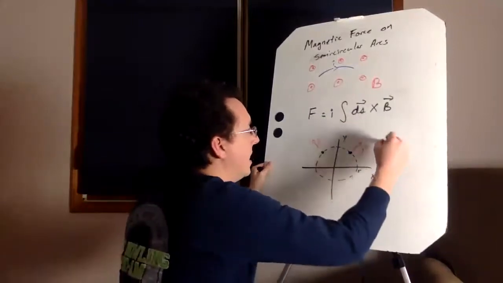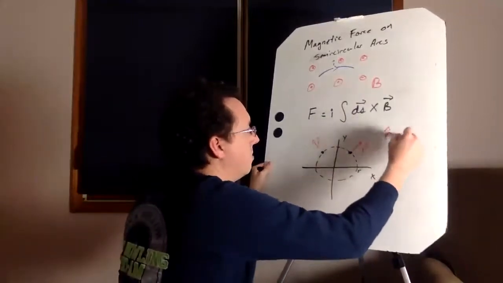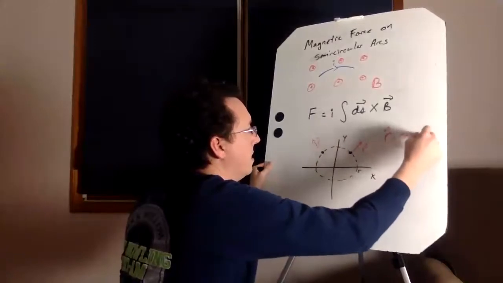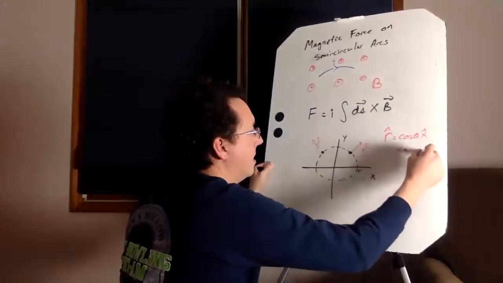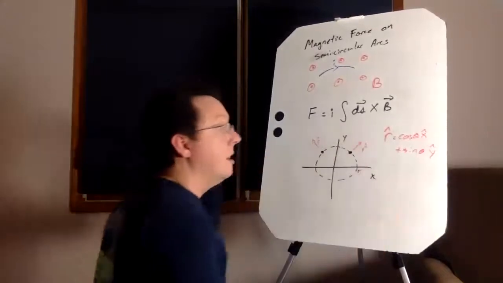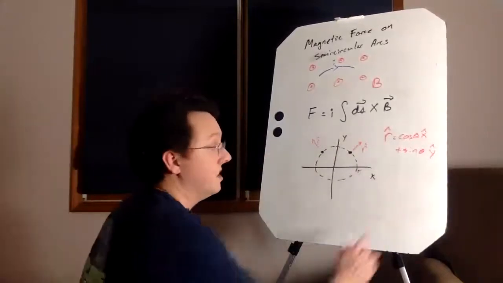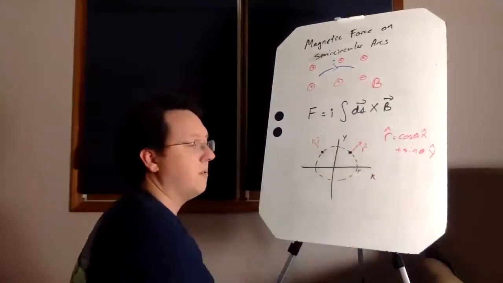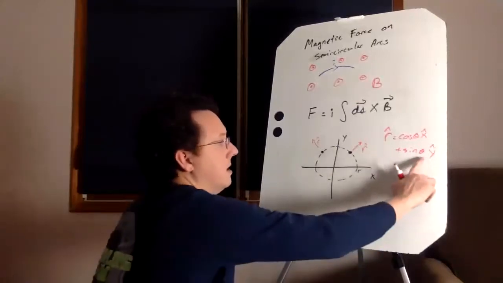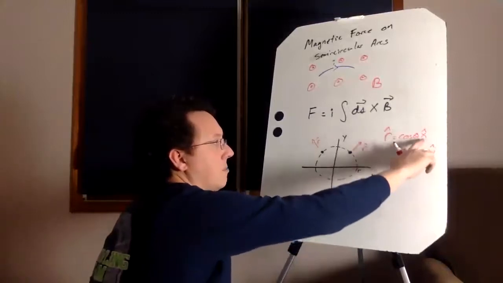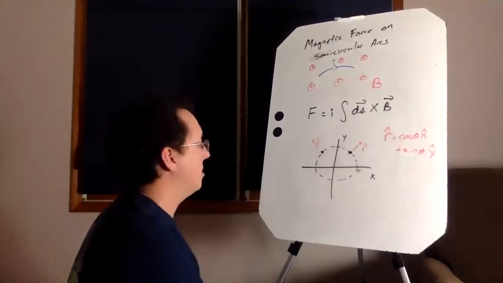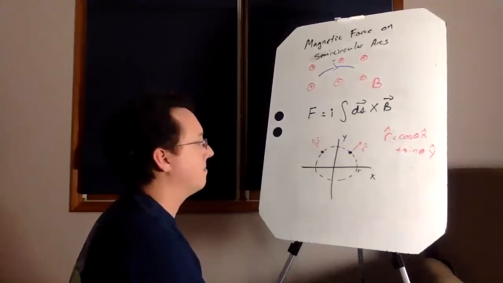So it's not too hard to guess that r hat equals cosine theta times x hat plus sine theta times y hat. When it comes time to do integrals, this is usually the version I like to use, just because all of the angular dependence is explicit because the Cartesian unit vectors are constants.